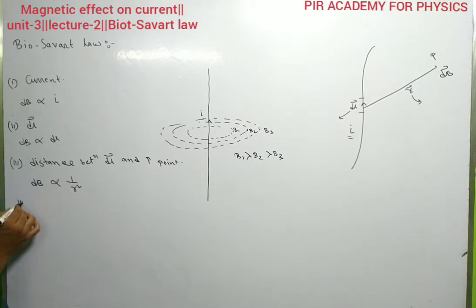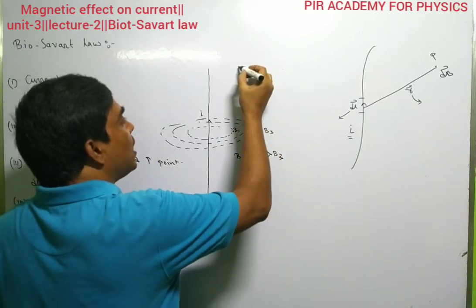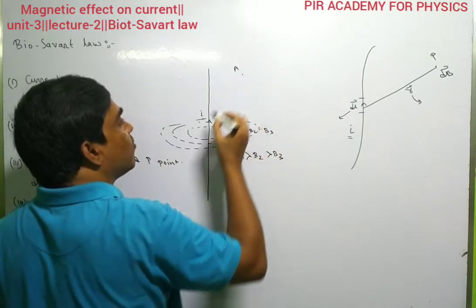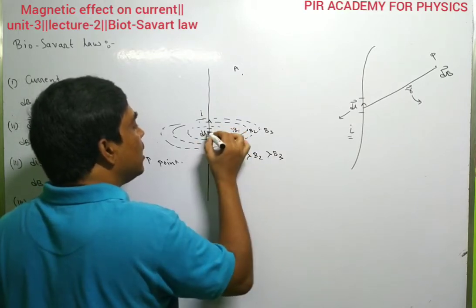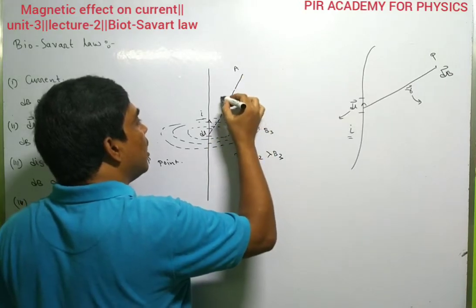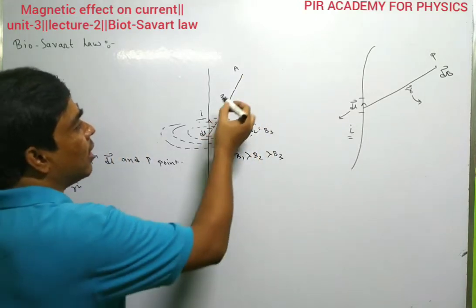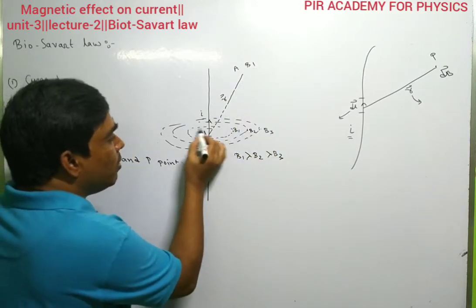Number 4. What is number 4? Suppose I want to calculate the magnetic field at point A for the same elementary length and the same distance r. Suppose this is magnetic field B1 due to this elementary length.